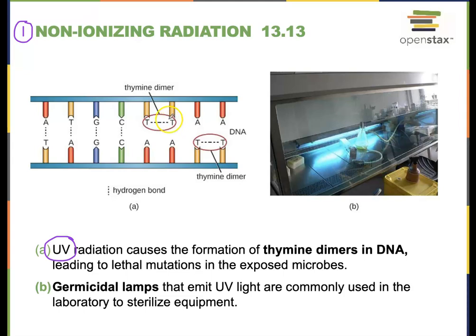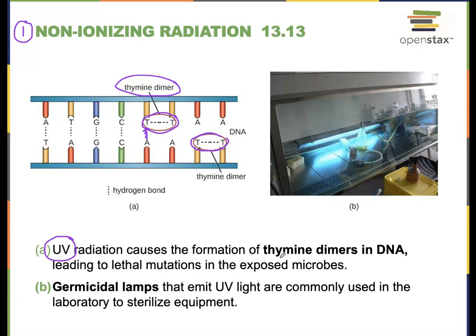So what UV does is make something called a thymine dimer, where the two thymines on DNA across from each other, they should be hydrogen bonded to each other, but the UV will come in, break those hydrogen bonds, and the two thymines will kind of hydrogen bond together like this, and then like this. And those are called thymine dimers, and they form due to UV.